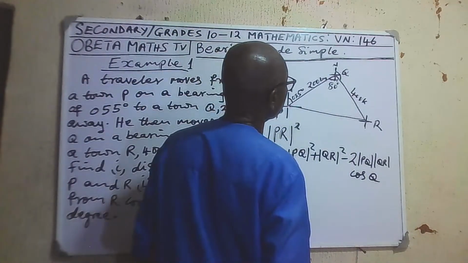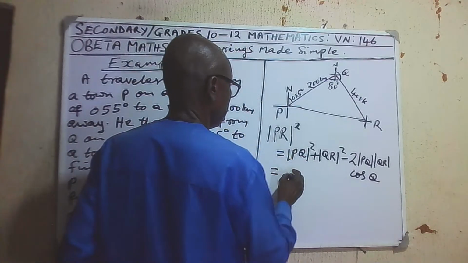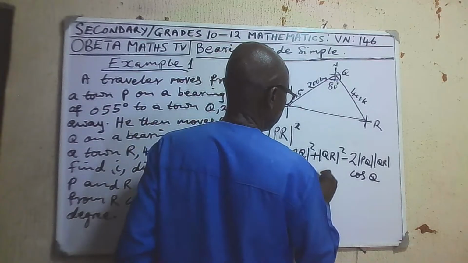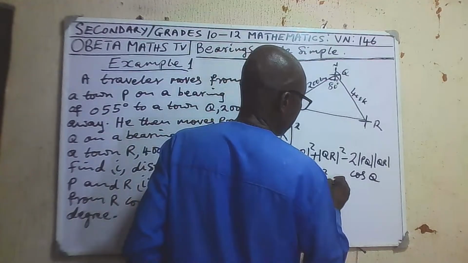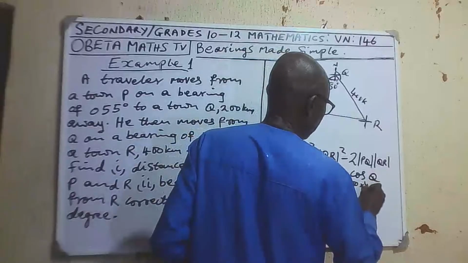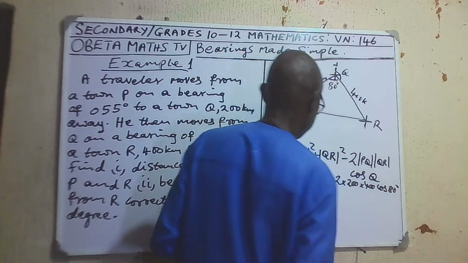So if you continue, you now put the values. That is 200 squared plus 400 squared minus 2 times 200 times 400 cos 80 degrees.